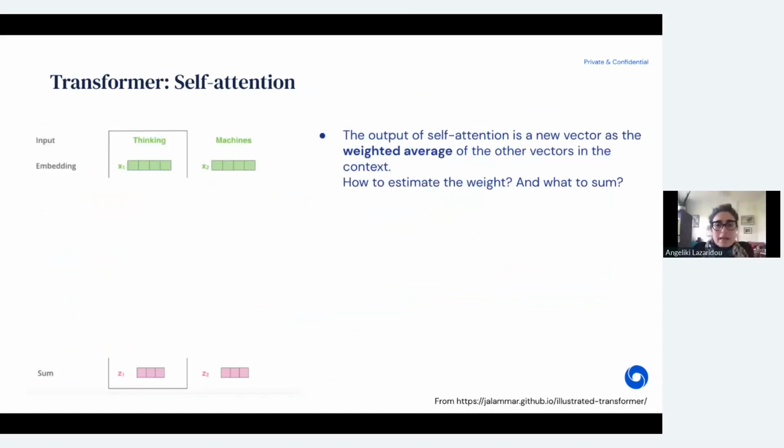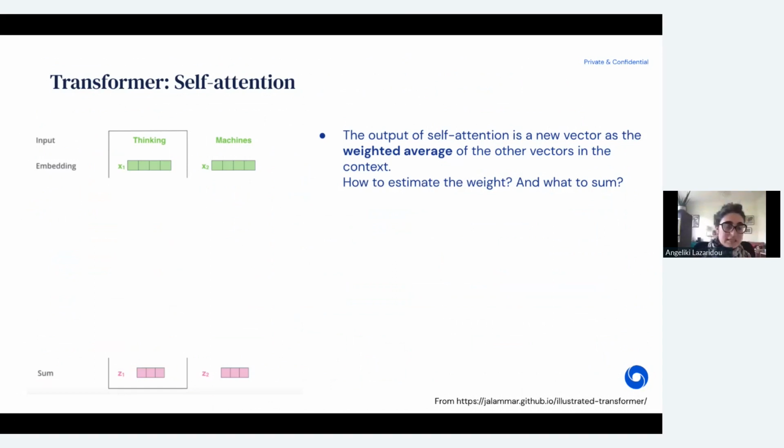Now, let's try to see how that notion of contextualization is operationalized in the network. So self-attention is going to take one word, for example, it, and is going to give us another word for it, but now that being the contextualized version of it.